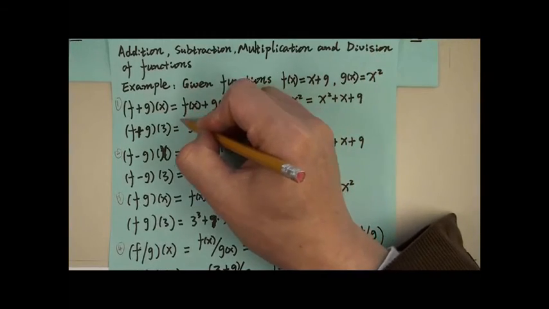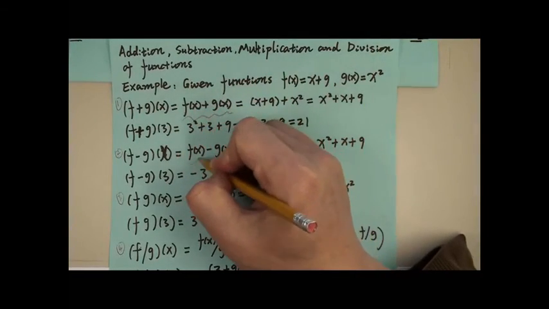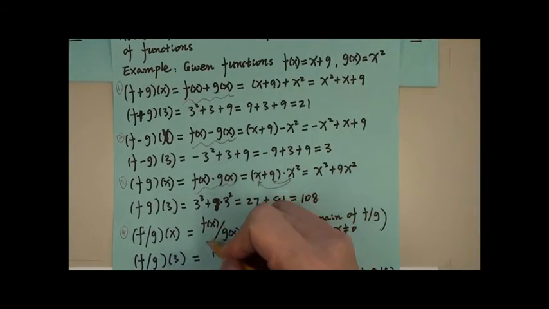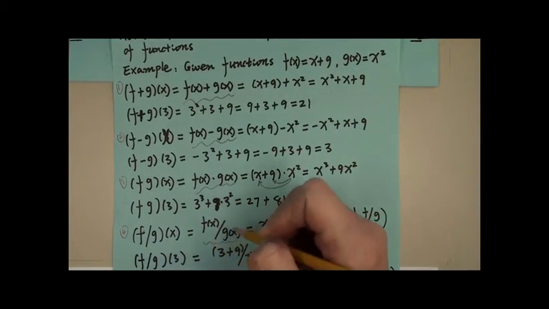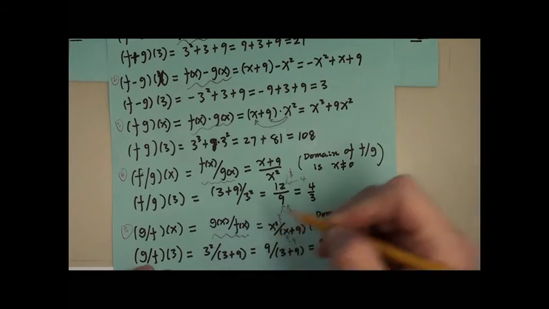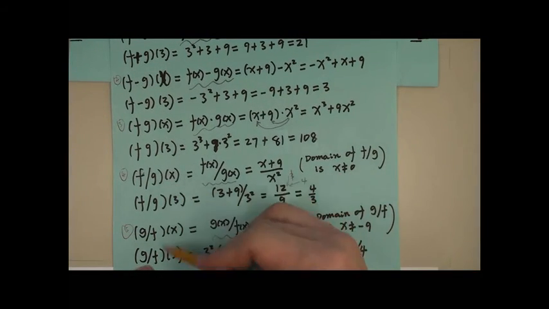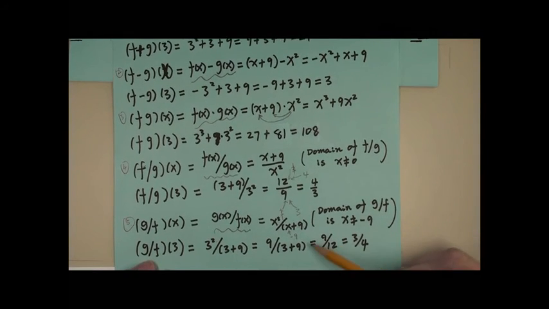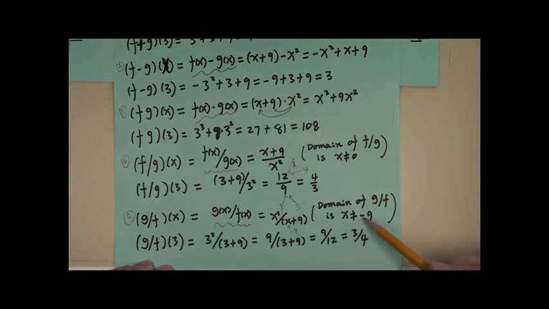From here to here is definition, definition, definition, and so is the case here, definition. Remember, for division, there are domain changes. For this one, the denominator cannot be 0. For this one, the domain is that x cannot be negative 9.